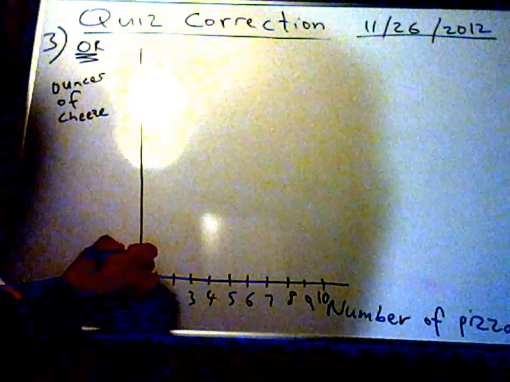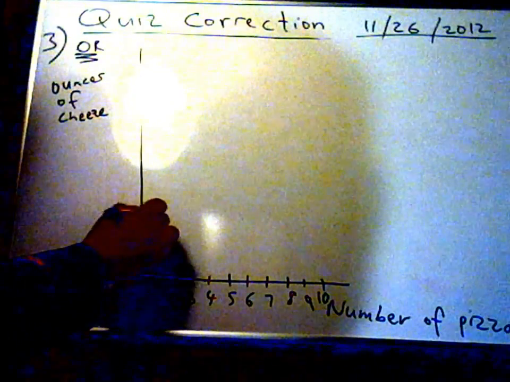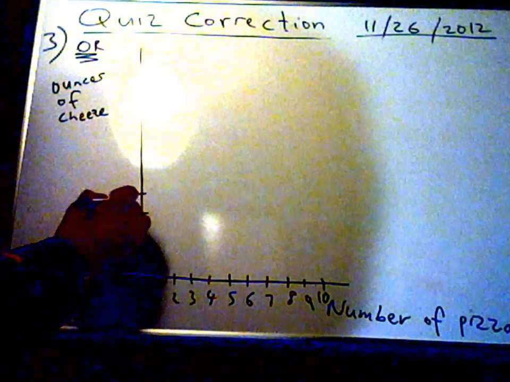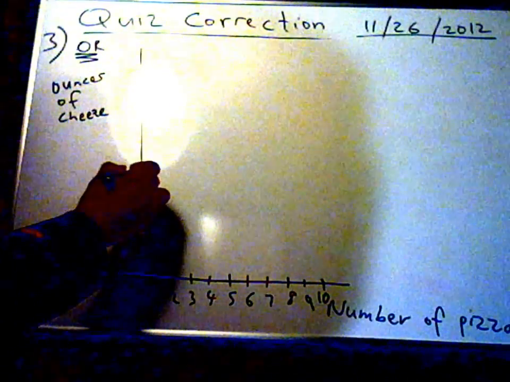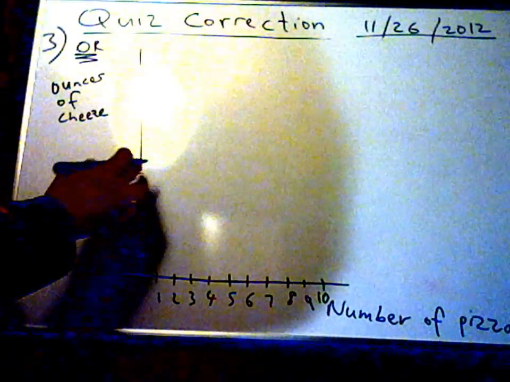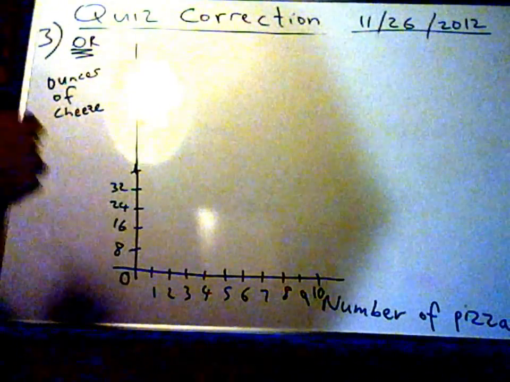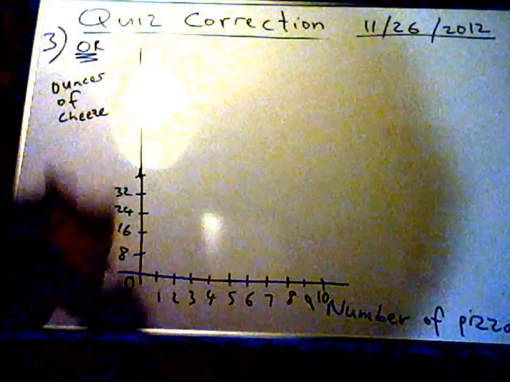Now we can count by 8 on the y-axis: 8, 16, 24, 32. Again, some of you just wrote down the numbers that are on the table. No, you have to have a uniform, even scale.